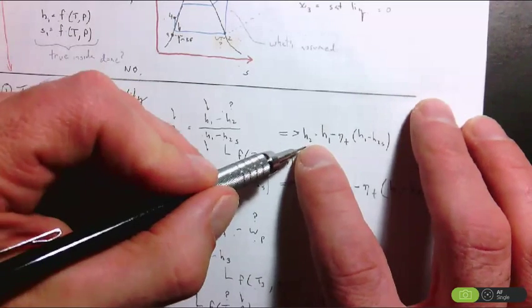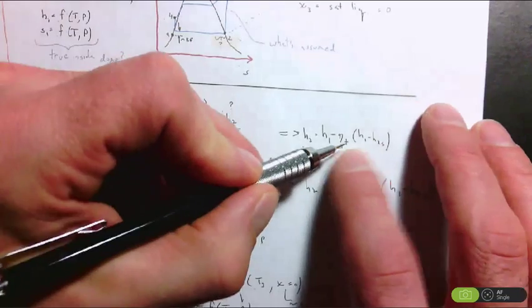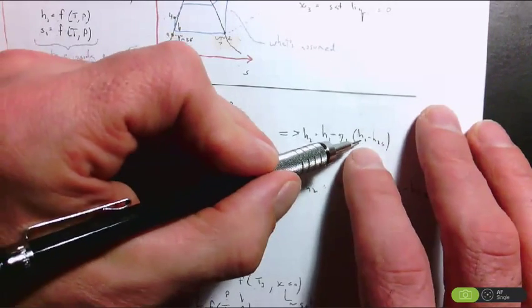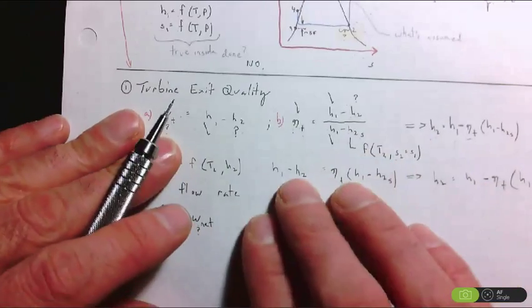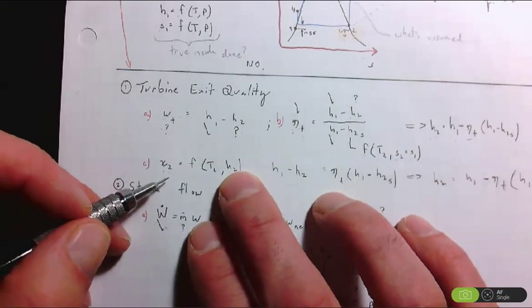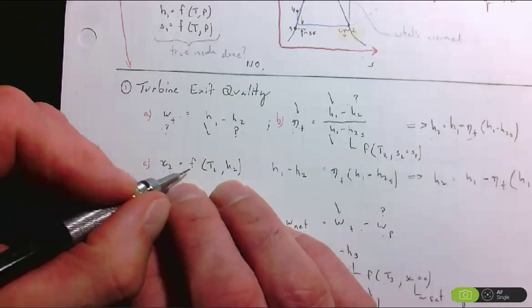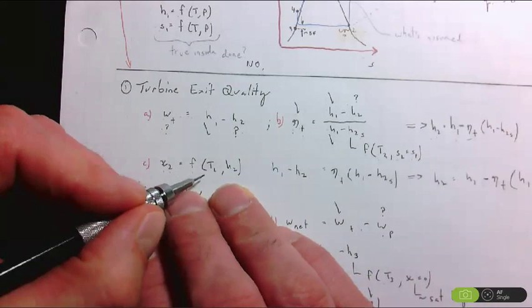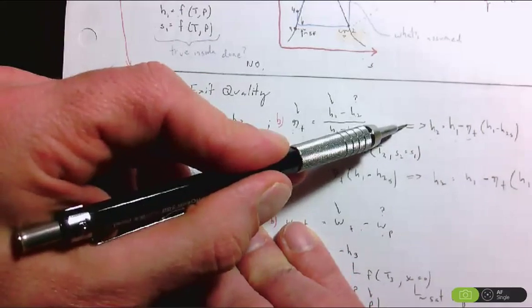Therefore, H2 equals H1 minus eta T times (H1 minus H2S). As you can see, we're slowly building all the equations necessary to attack this problem. X2 will be equal to a function of T2 and H2, where H2 is calculated from over here.